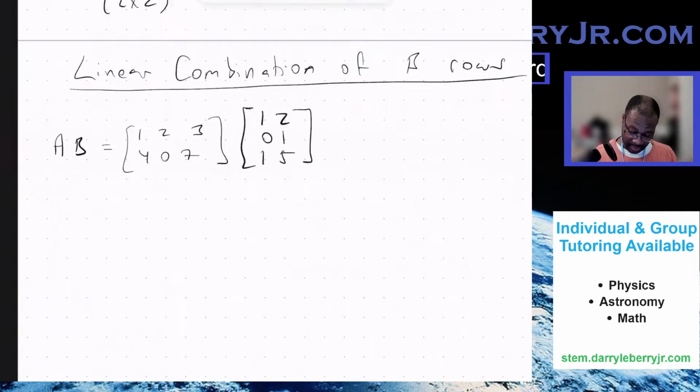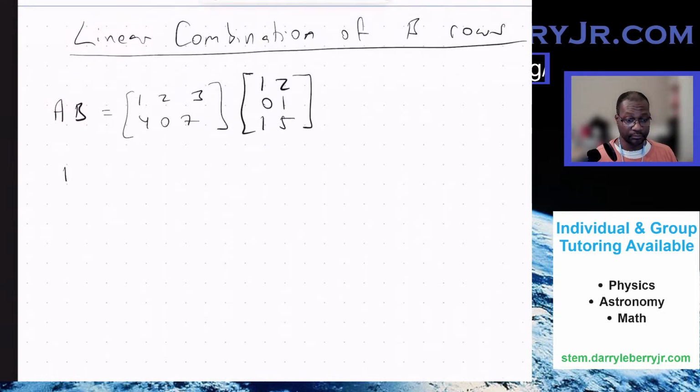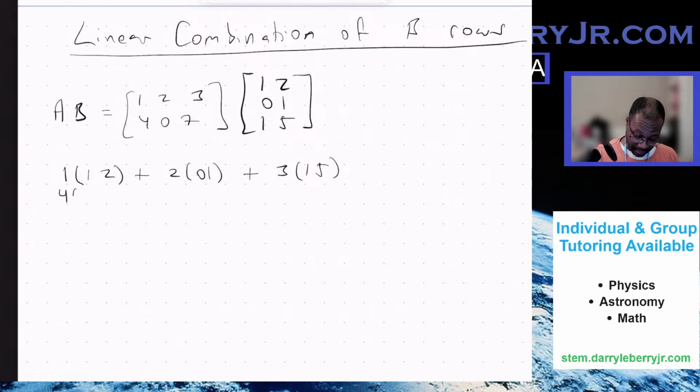All right. So linear combination of B rows, you would have 1 times (1, 2) plus 2 times (0, 1) plus 3 times (1, 5), and then we have 4 times (1, 2) plus 0 times (0, 1) plus 7 times (1, 5).